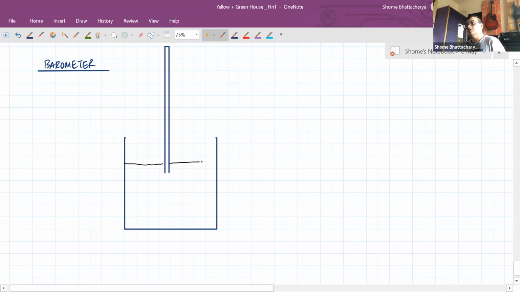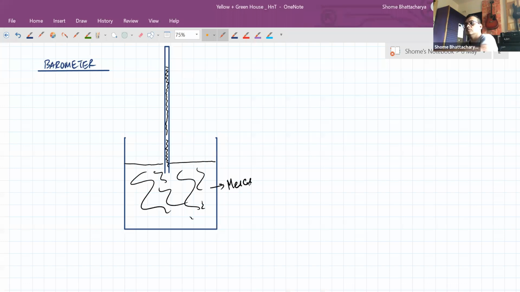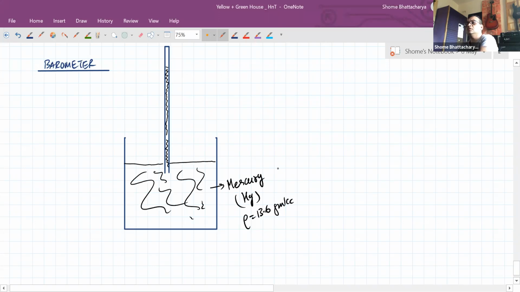So what is done is, there is mercury, which has a density of 13.6 gram per cc.